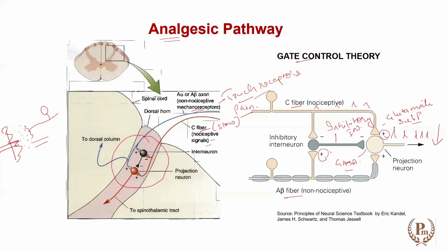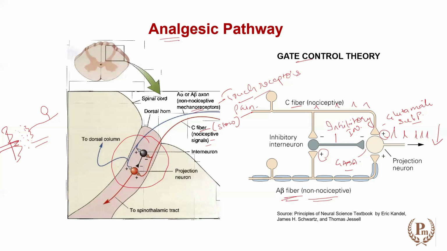Since it is forming a gate to the projection neuron, the stimulation of nearby fibers, the non-nociceptive mechanoreceptors, does not only stimulate, what they actually do is stimulate an interneuron, which in turn inhibits the projection neuron, the second order neuron.